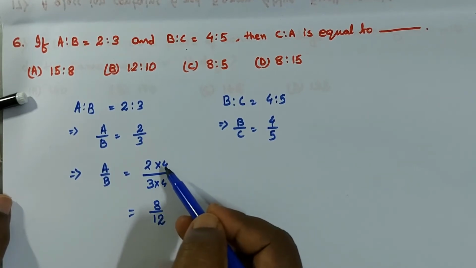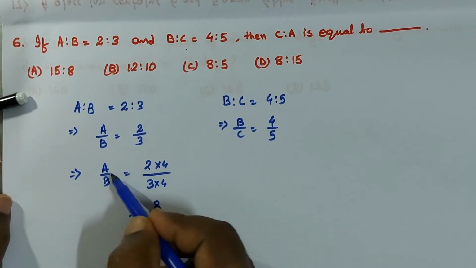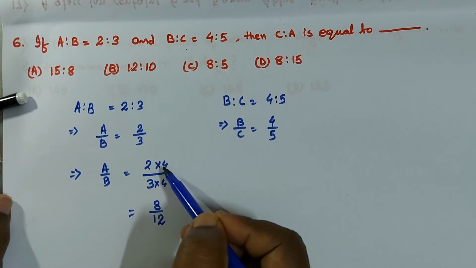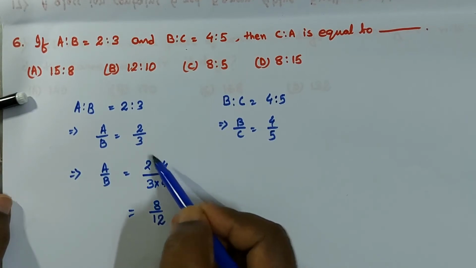You are probably astonished that I have not multiplied this side, but see, on this side I have multiplied both the numerator and the denominator by 4.